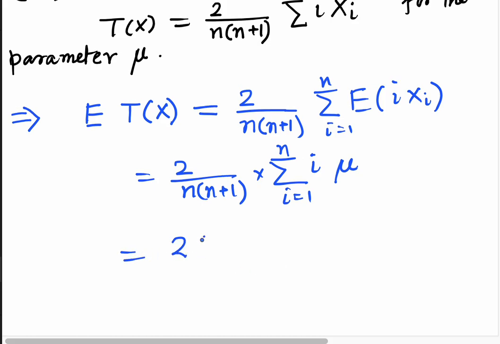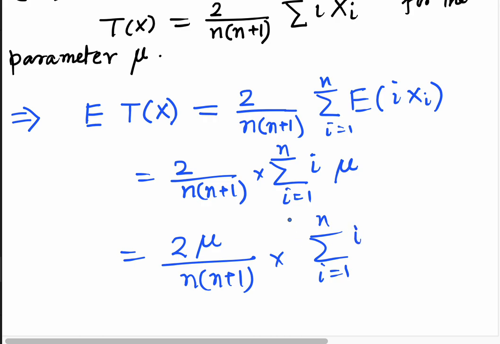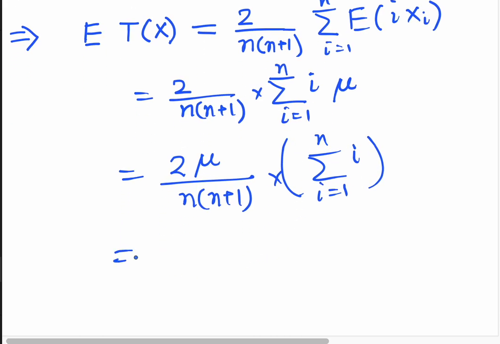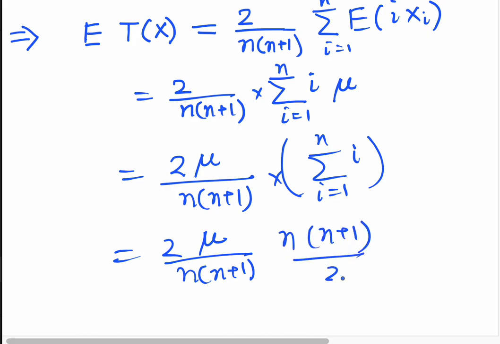This means 2 mu by n plus 1 times the summation of i from 1 to n, and this summation is nothing but the sum of the natural numbers from 1 to n, that is simply n into n plus 1 by 2. So this cancels out, and this becomes mu. So that means T is an unbiased estimator.